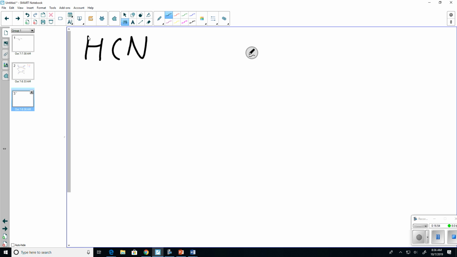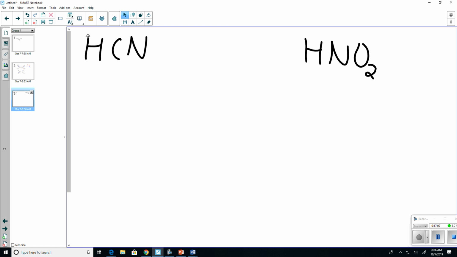Hydrogen cyanide's HCN. Nitrous acid is HNO2. And what I would mention about an acid, it is very common when you have a polyatomic ion, this is the nitrite polyatomic ion, that hydrogen is bonded to one of the oxygens. Because in an acid, usually the hydrogen that's lost is bonded to the oxygen. So take a minute or two to draw those out and identify it, and then we'll go over those.